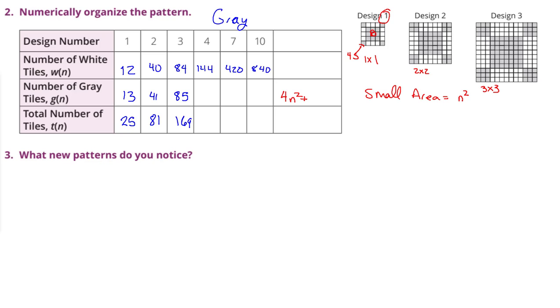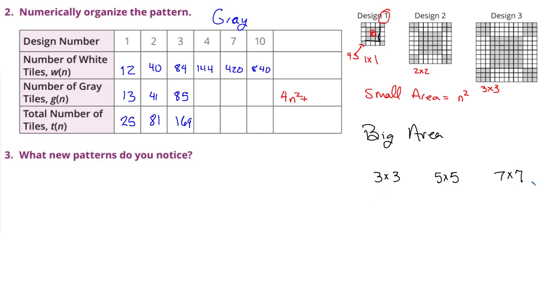So now let's look at the big ones. For that big area, for that first one, I'm just going to write it down, 3 by 3. The next one was a 5 by 5. For the next one, we had a 7 by 7.